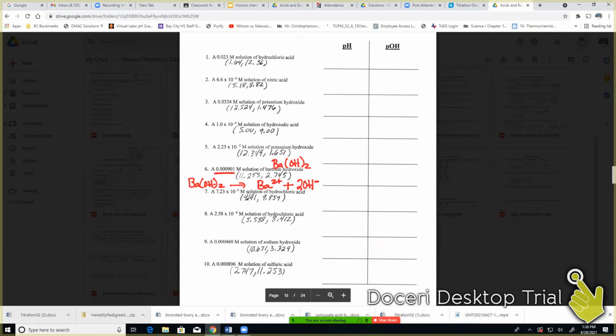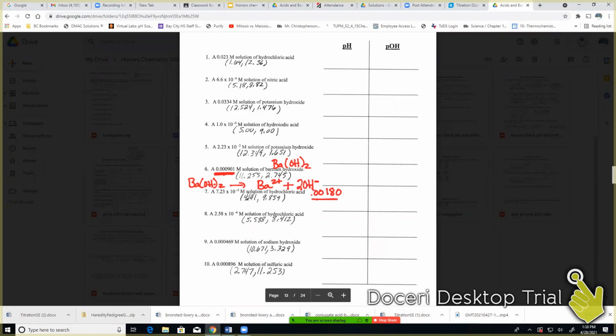So I would have to take 0.000901 times 2, and that would give me 0.00180, and that would be my concentration that I would have to put in for my hydroxide. So instead of using this for my hydroxide, I would have to use it doubled because I had 2 hydroxide ions.